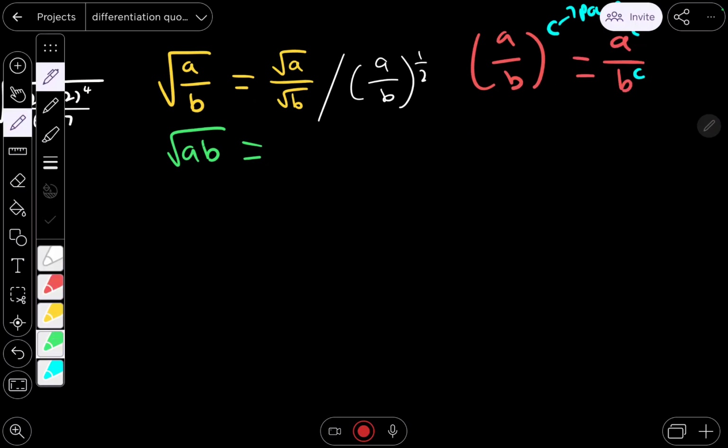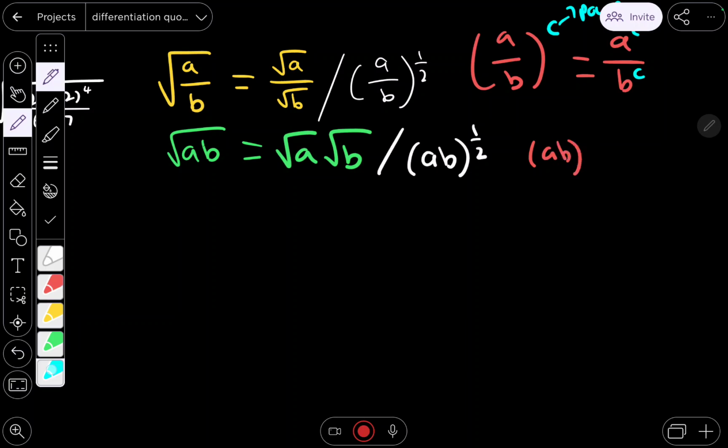What do we know? We know that square root of ab is the same as square root a times square root b. This is what you might have seen in indices or in surds. Or you can leave it in this way, which I'll write in white as well, (ab) to the power half, and we know this rule, (ab) to the power c is the same as a^c b^c.